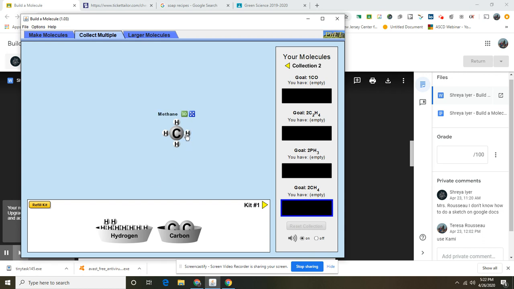There's 1. I can do another one because it tells me I want 2. The goal is to make 2 of those molecules. Bring it over. Okay. Look at kit number 2.